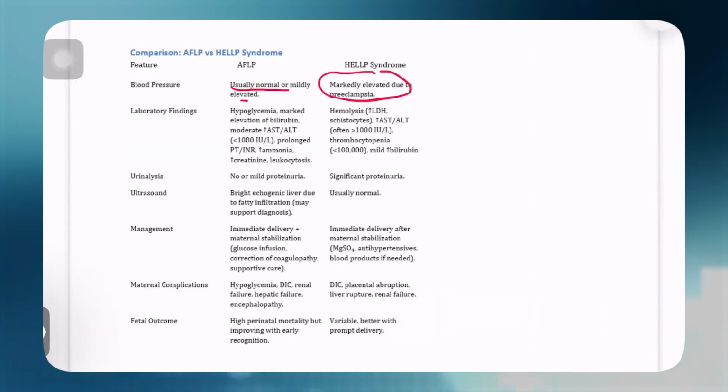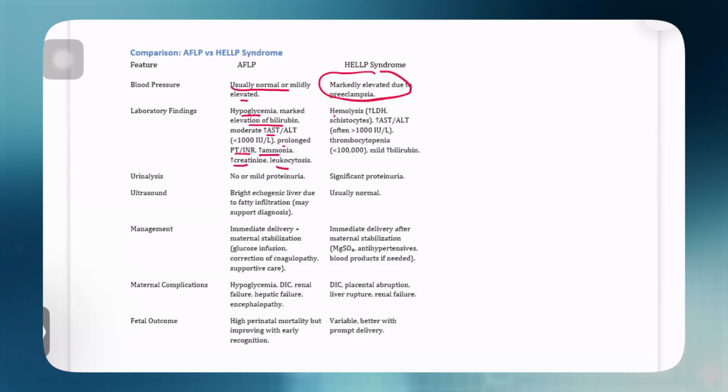The patient may develop seizure because of preeclampsia or eclampsia, but in AFLP, if a seizure has happened, that is due to hepatic encephalopathy. Lab findings in AFLP: hypoglycemia, marked elevation in bilirubin, AST more than ALT, prolonged INR, increased ammonia, increased creatinine, liver dysfunction with kidney dysfunction, with leukocytosis.